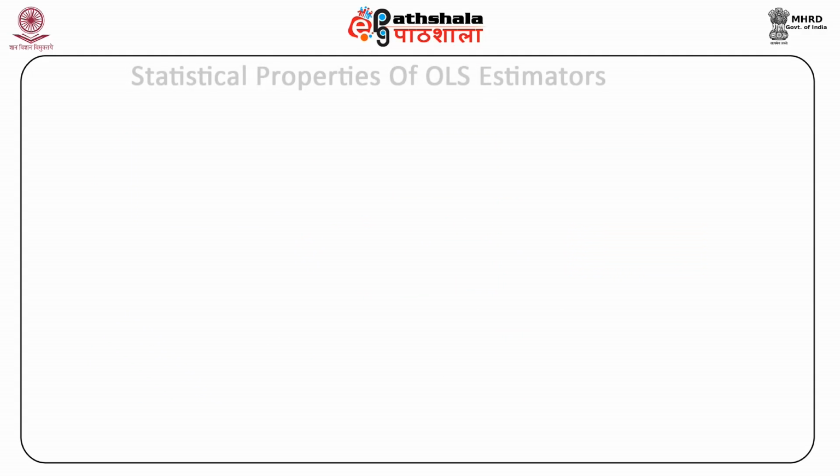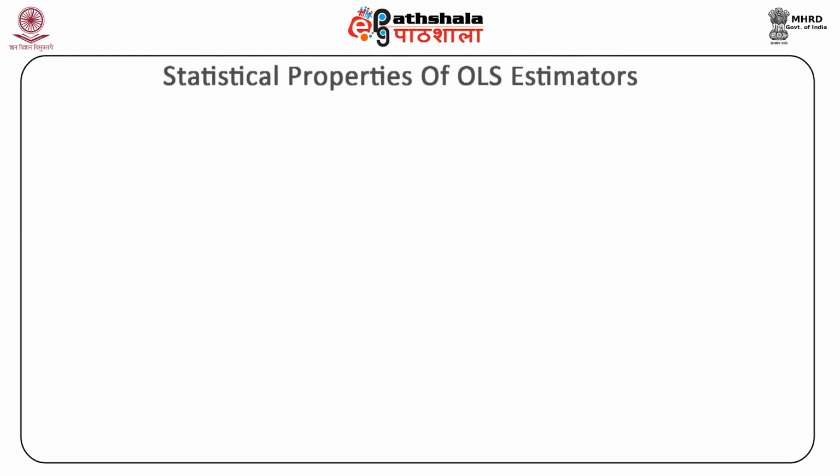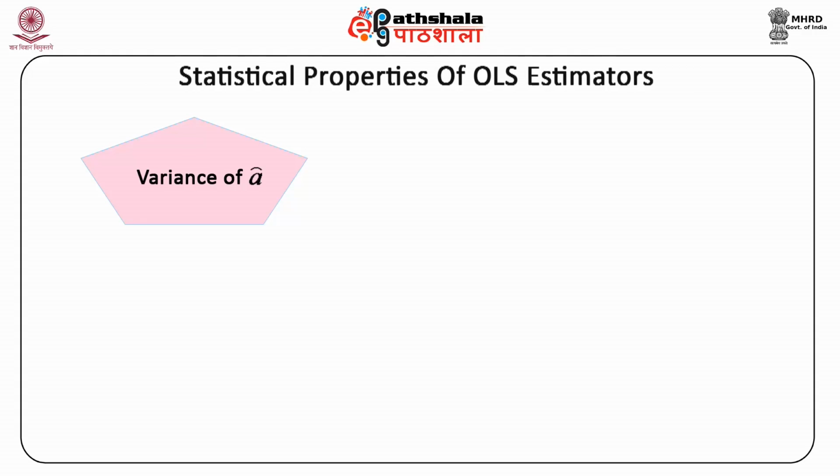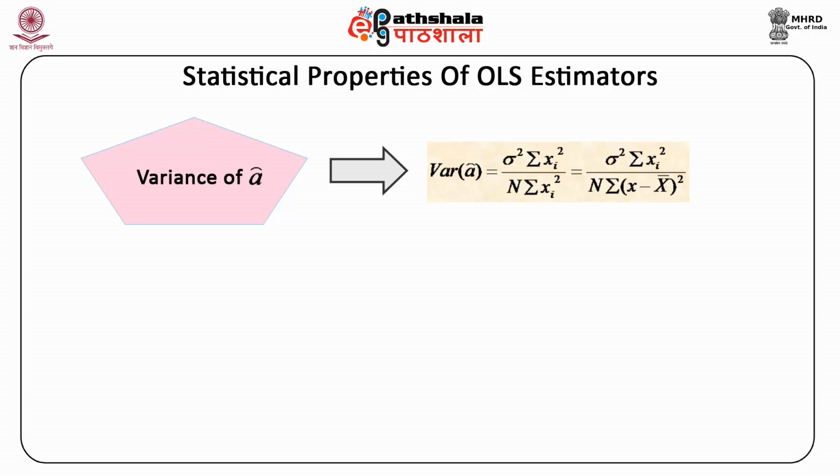Moving on to the fourth property, we have property number 4 as variance of a hat is equal to sigma square summation xi square upon n into summation xi square, which can be written as sigma square summation xi square upon n into summation x minus x bar whole square.